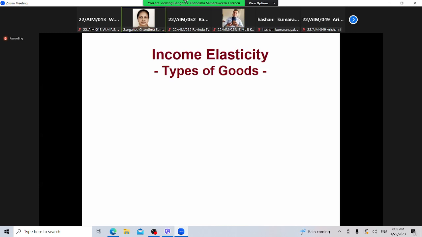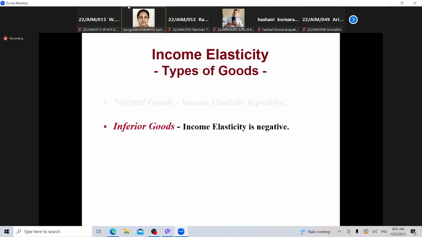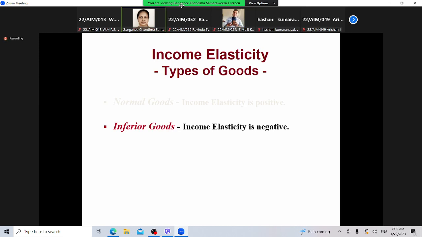Based on income elasticity, we divided types of goods. For a normal good, income elasticity is positive. For an inferior good, income elasticity is negative. So after calculating, you can decide whether it's a normal good or an inferior good.